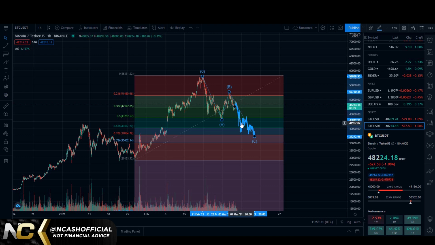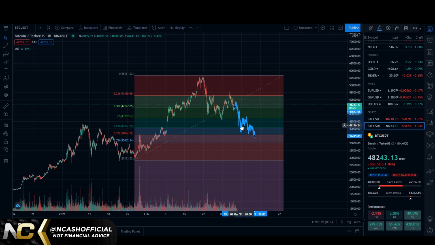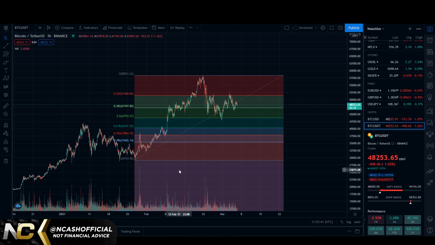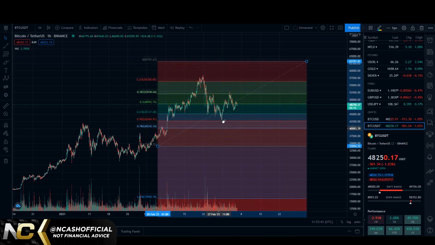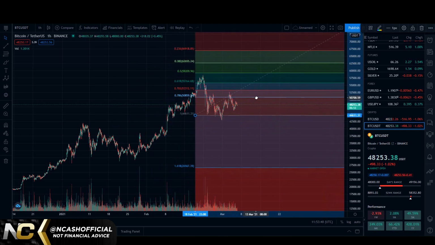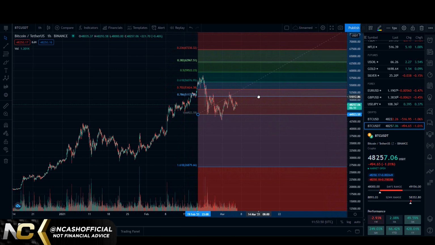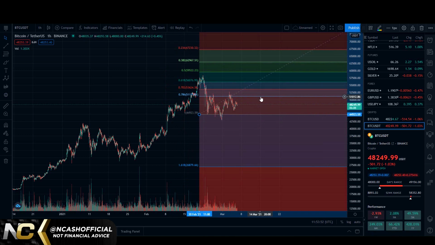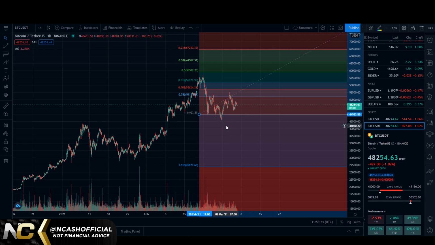Now, that doesn't mean that the bottom's not already in. We could never see this, realistically. And I want to show you guys where that would put us. So if we're looking at this, where we had that impulse down, this was our bottom, and we're done.